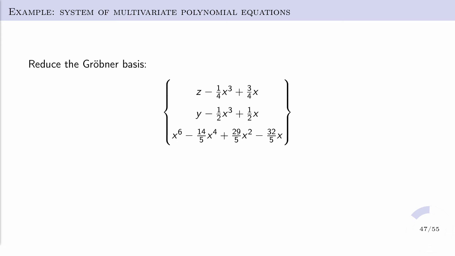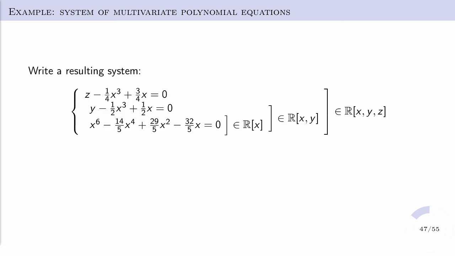And now we apply the elimination theorem, which says that since we are working with Lex order, if we intersect this ideal with R[x], with just the ring of univariate polynomials, we will get the solutions with respect to x. So this is the polynomial that depends on x alone.